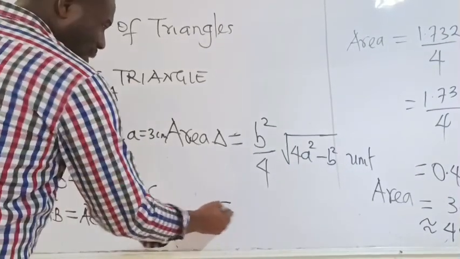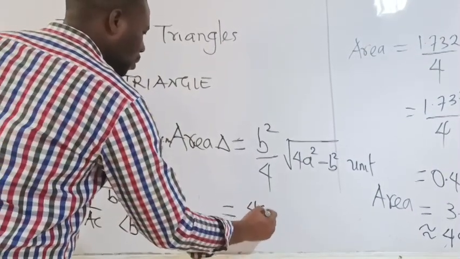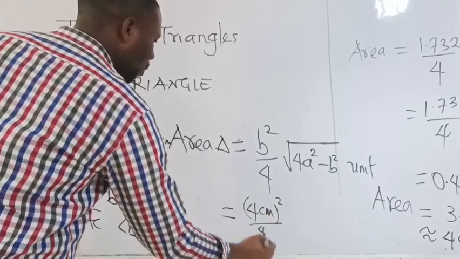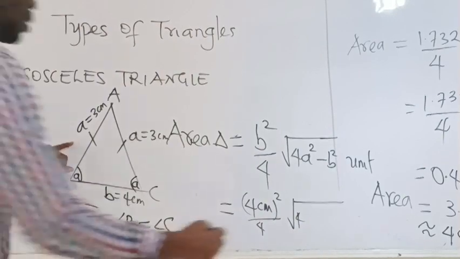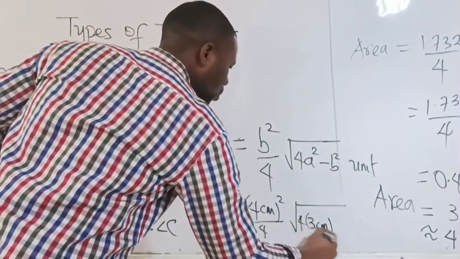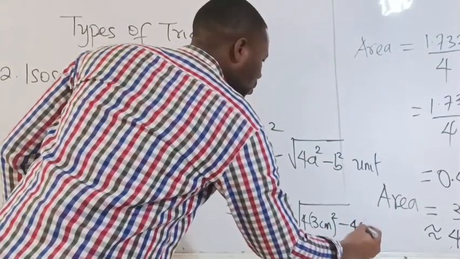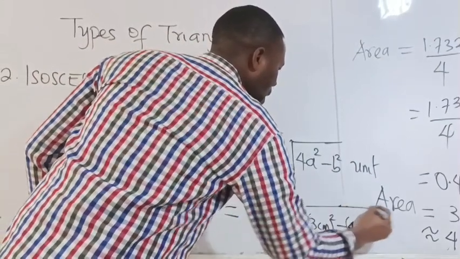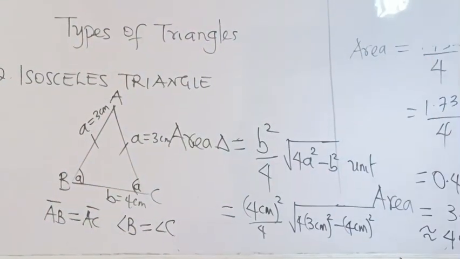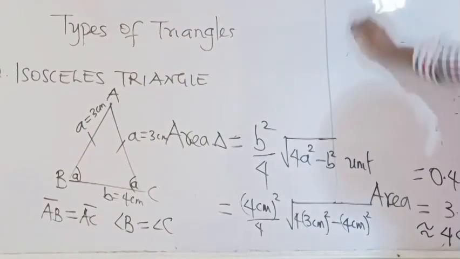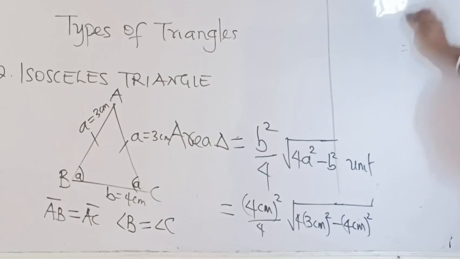So the area of this isosceles triangle is side B, 4 centimeter, raised to power 2 divided by 4 times the square root of 4 times the side A, 3 centimeter, all raised to power 2, minus the side B, 4 centimeter, all raised to power 2, and I'm taking the square root. Alright, what you see now is that this will boil down to be, clean this up in a moment.